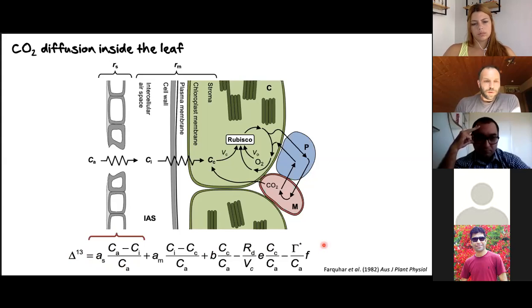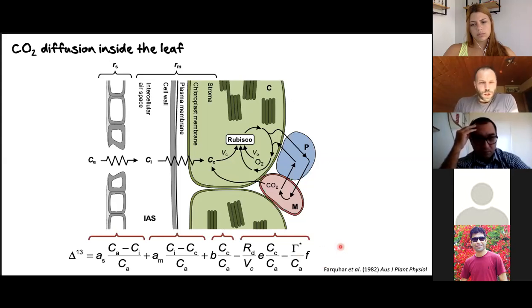So we have one component that describes the isotope discrimination due to the resistance through the stomata, then one component due to the mesophyll resistance, one related to Rubisco, and then a component related to respiration and photorespiration.